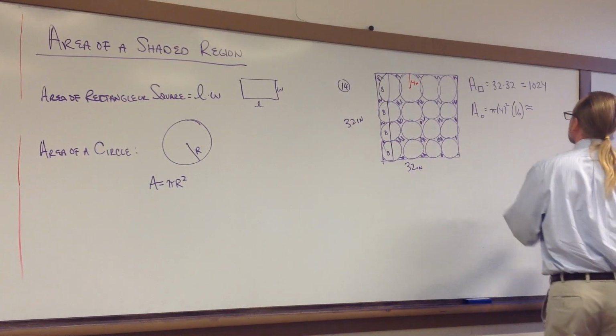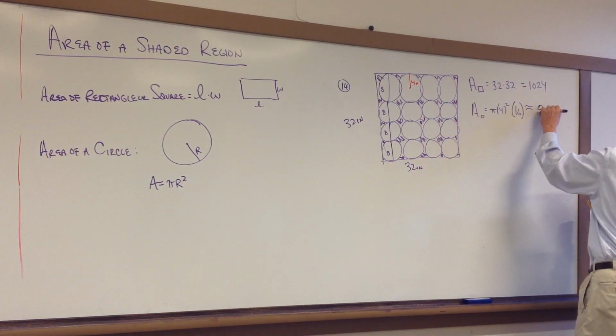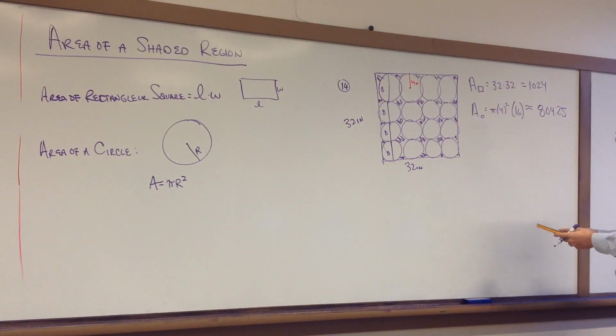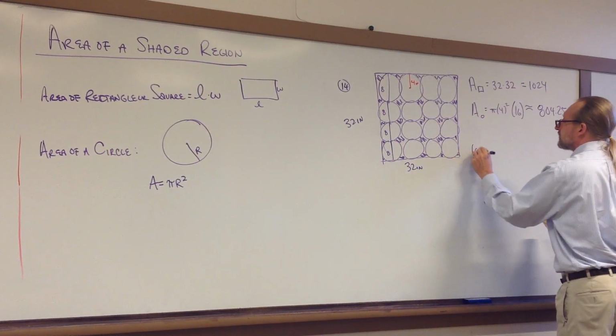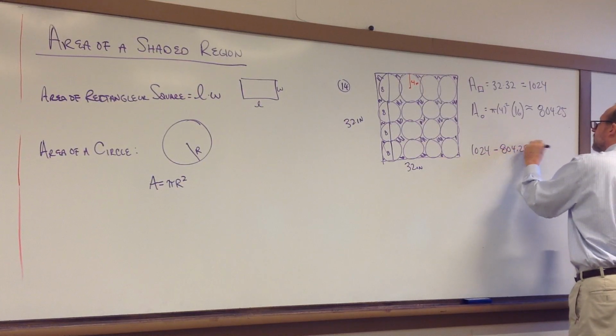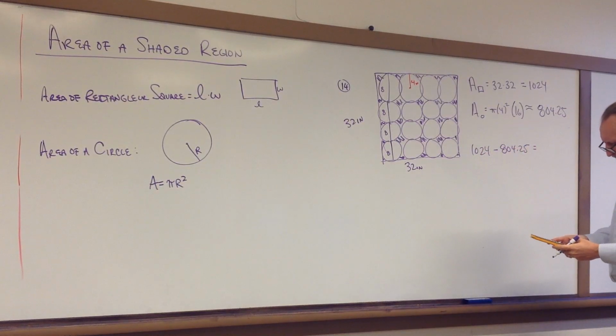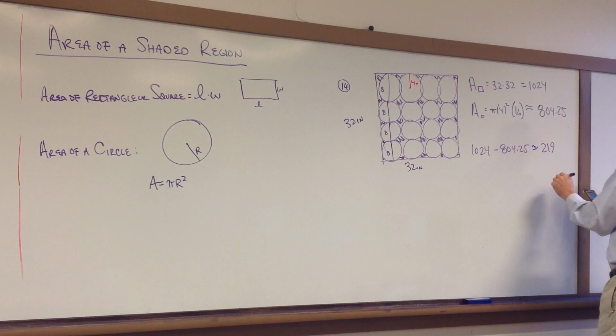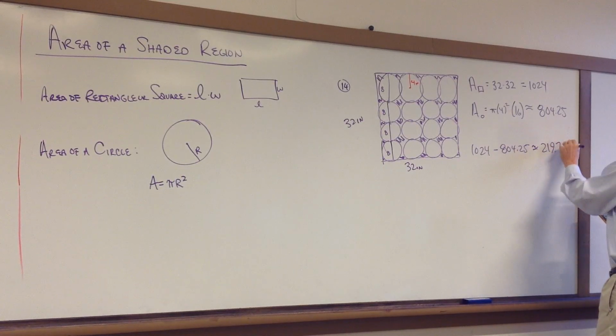That's about 804.25 square inches. So now we've got to do 1,024 minus 804.25. And what do we get here? Approximately 219.75 square inches.